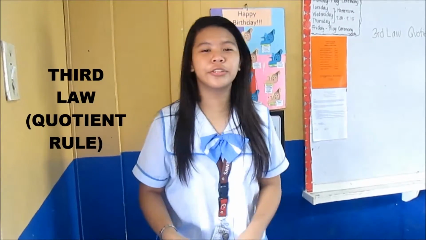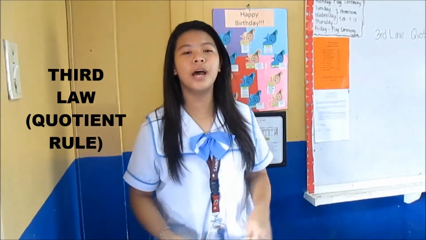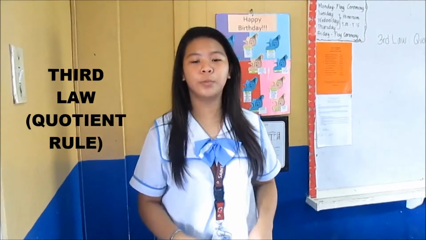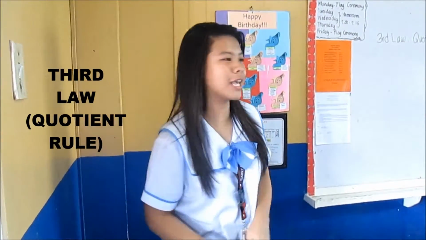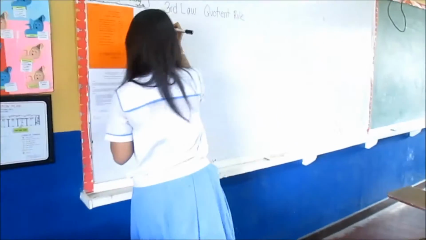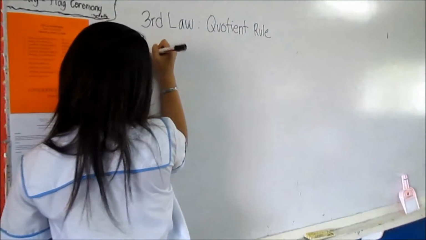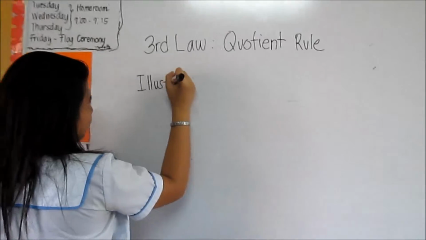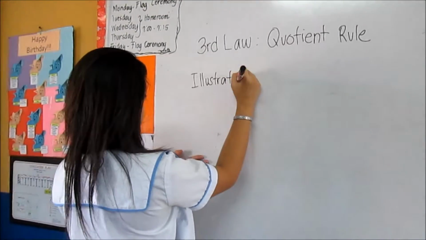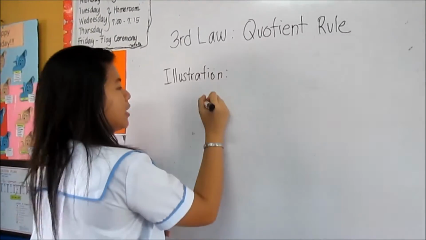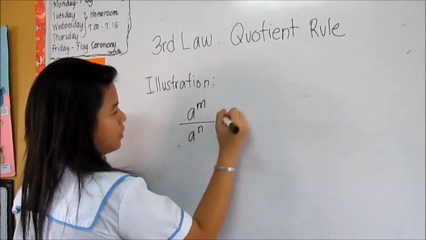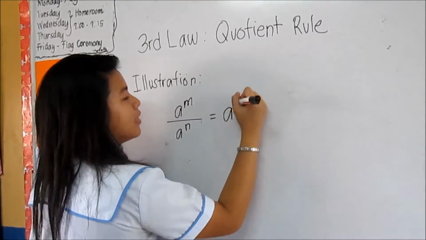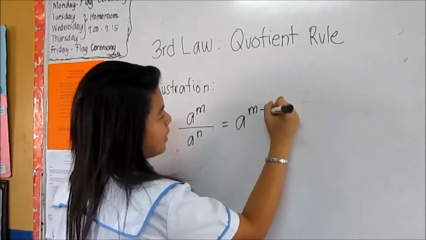So now let's go to the third law, which is the quotient rule. The quotient rule tells us that we can divide two powers with the same base by subtracting the exponents. So here's the illustration. a raised to m over a raised to n is equal to a raised to m minus n.